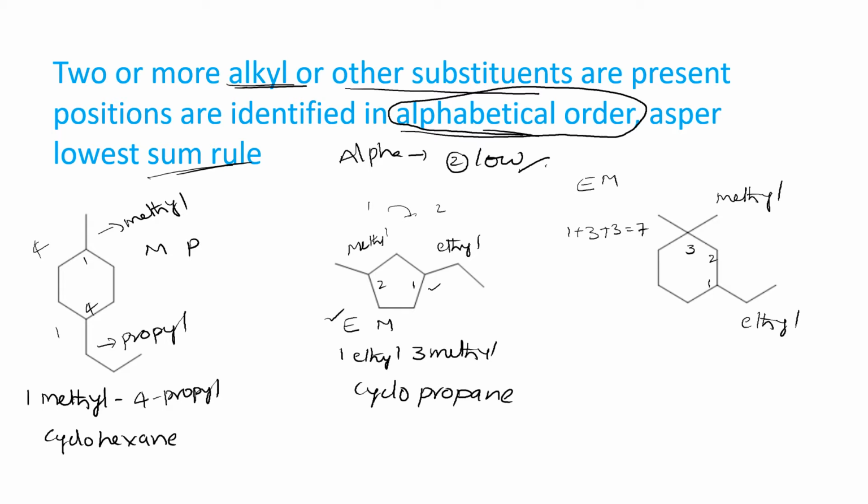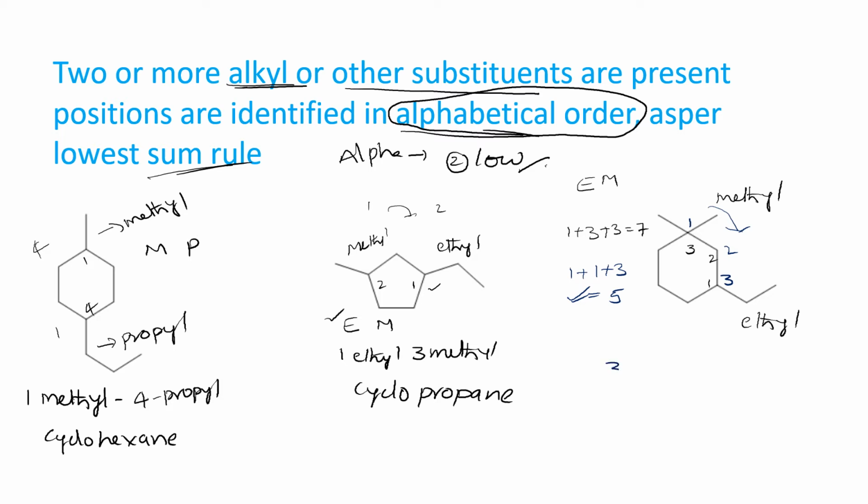Whereas if you go in another direction, you get 1 plus 1 plus 3, that means 2 plus 3, which is 5. So as per the lowest sum rule, 5 is preferred, hence you have to follow the numbering in this direction.